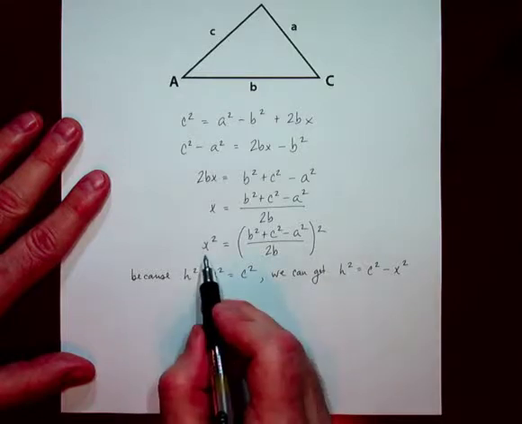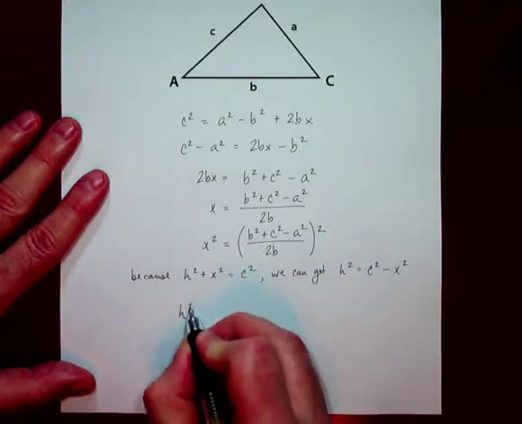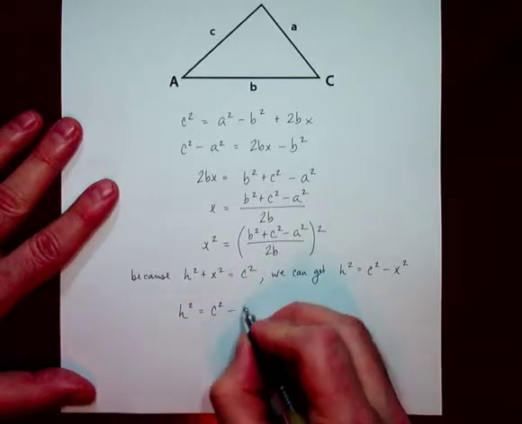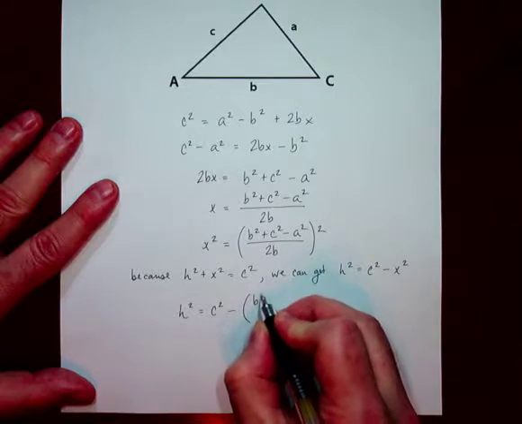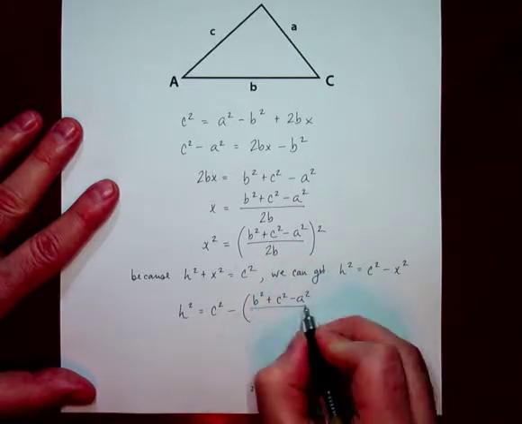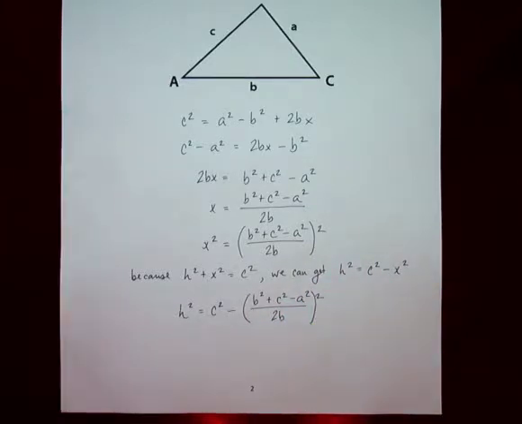I have x squared, it's this whole big thing. So I can rewrite h squared as c squared minus that whole big thing, (b squared plus c squared minus a squared) all of that over 2b squared. Now, as monstrous as that looks, that is the difference of two squares.